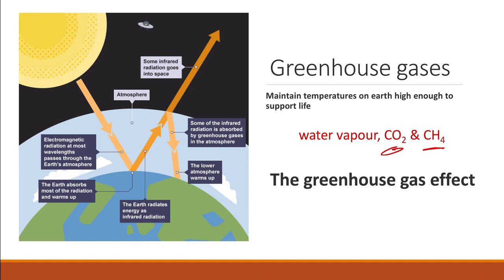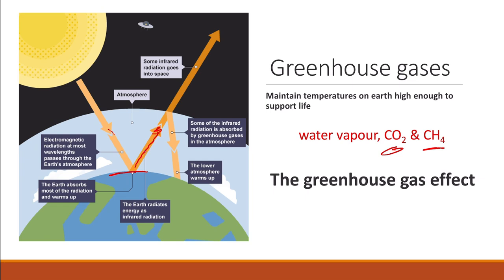First, the electromagnetic radiation that comes from the sun will pass through the Earth's atmosphere and be absorbed by the Earth. Some of these wavelengths, specifically the IR or infrared wavelengths, will then be radiated back from the Earth.